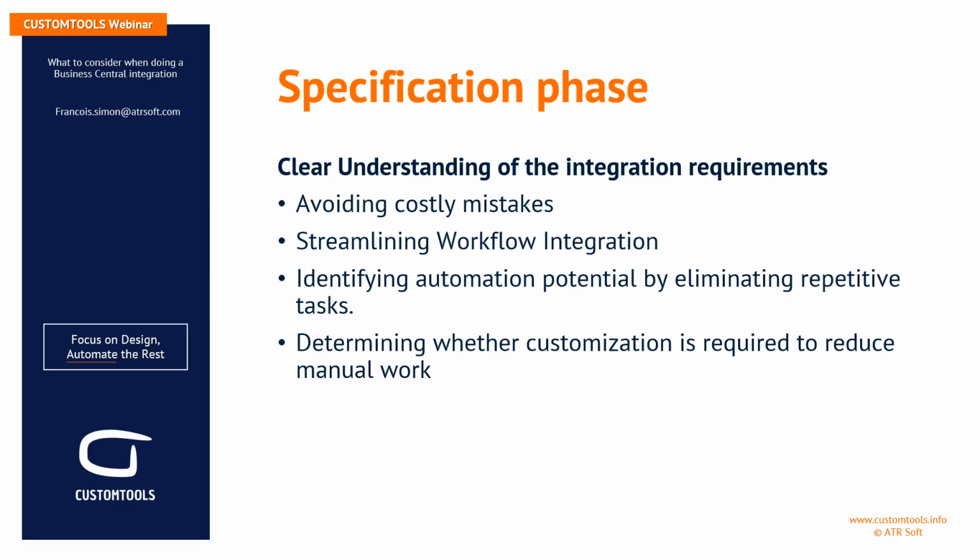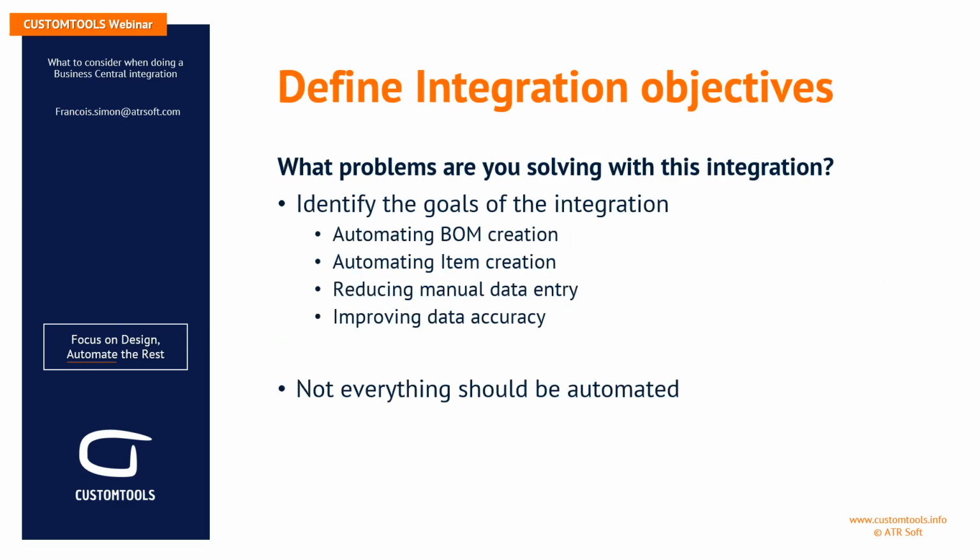This is why the specification phase is the most critical one. Specification will help to reduce the risk and get a good understanding of the workflow that the data should follow between SOLIDWORKS and Business Central. Even though the integration offers many functionalities, customization might be required.